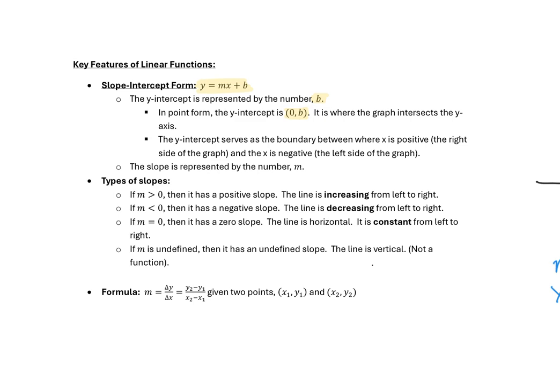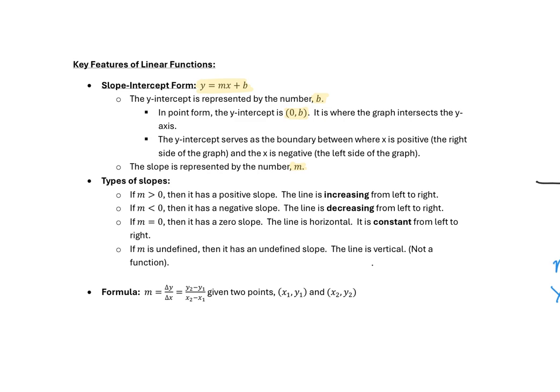We have the slope is represented by the number m. And this number m does a couple different things. And this is going to be one of the things that we're going to kind of introduce and play around with a lot over the course of this semester.